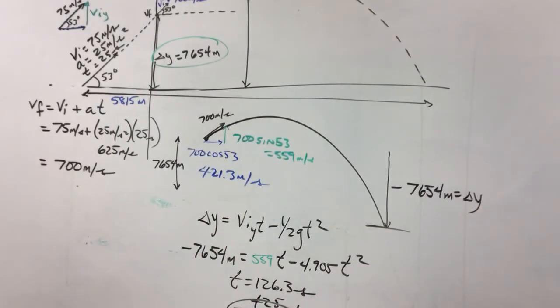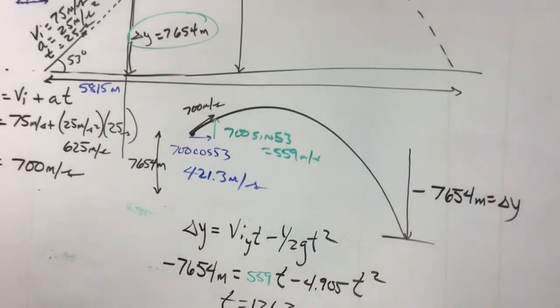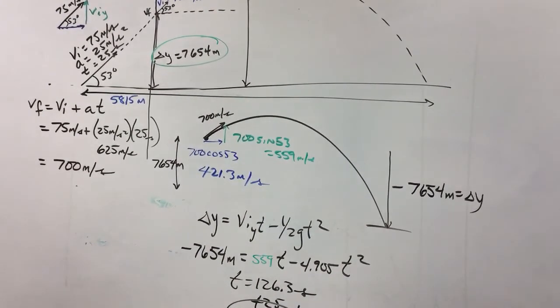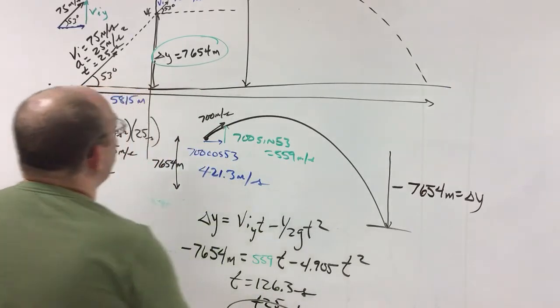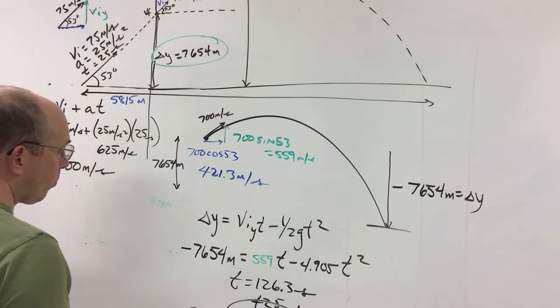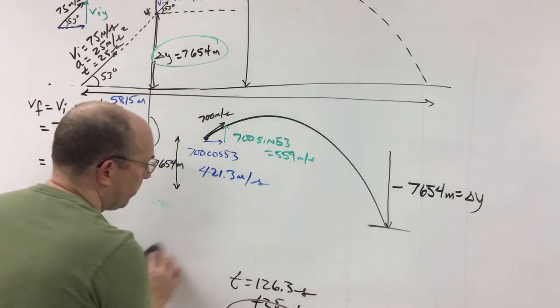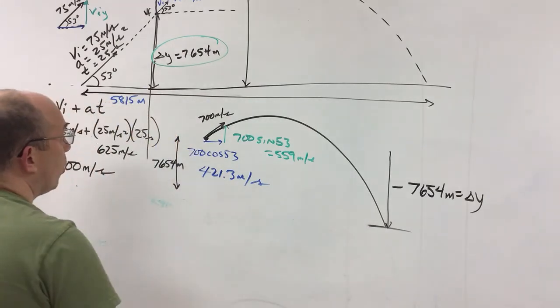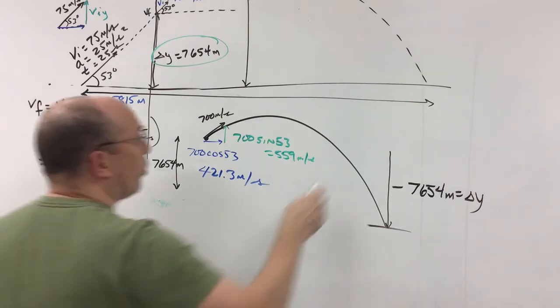The other part of our question is going to be the maximum range and the maximum altitude. Okay, so our total time is 151.3.